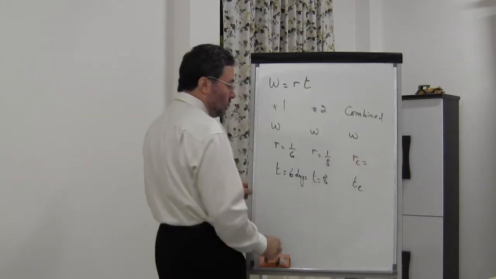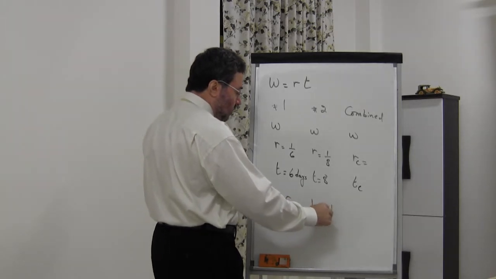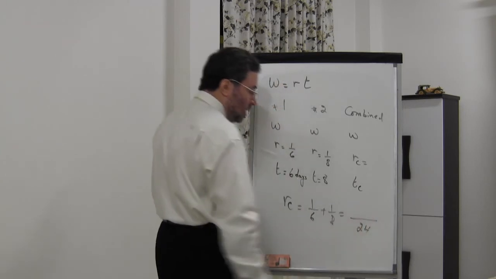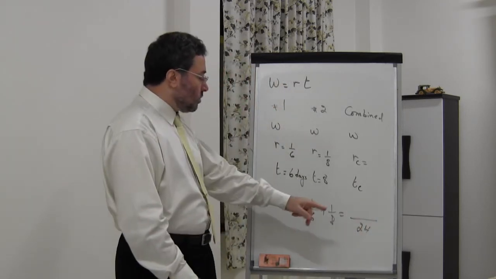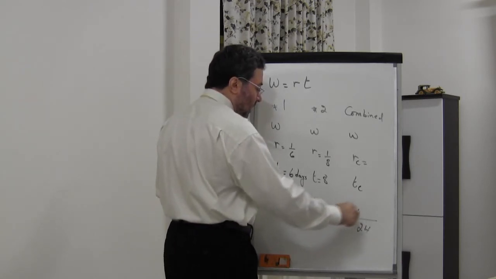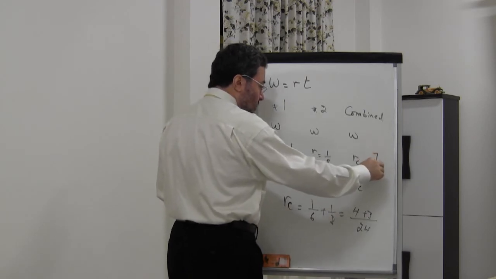So to get the combined rate, I simply add 1 over 6 plus 1 over 8. The least common denominator is 24; 24 divided by 6 is 4, 24 divided by 8 is 3, and that will be 7 over 24.